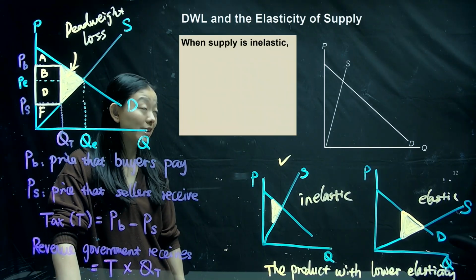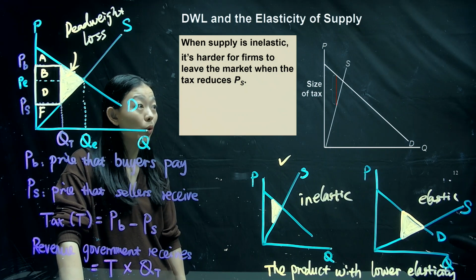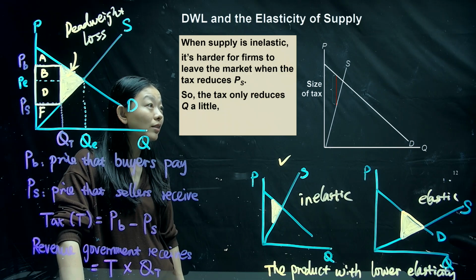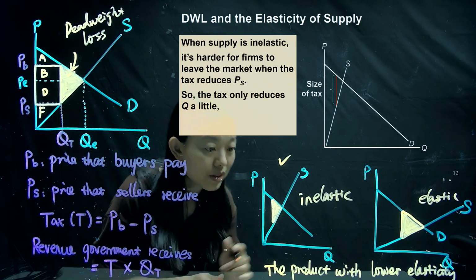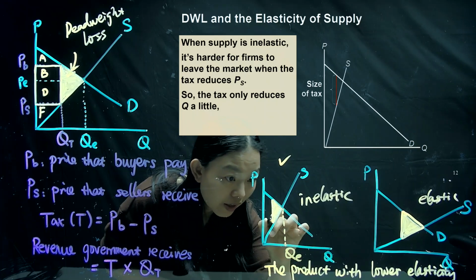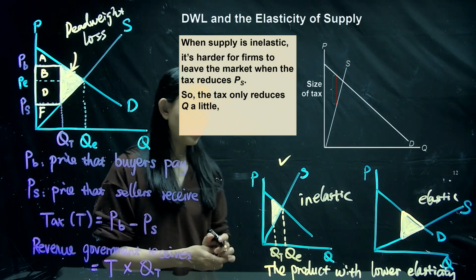When the supply is inelastic, it is hard for firms to leave the market when we impose the tax rate. Therefore, the tax will only reduce the quantity a little bit. So this is the original equilibrium quantity, and this is the quantity after imposing the tax.